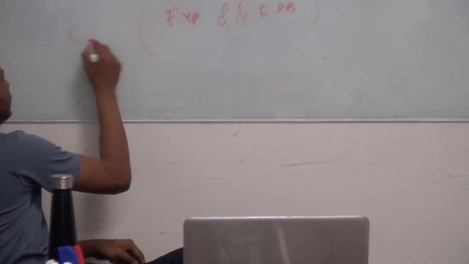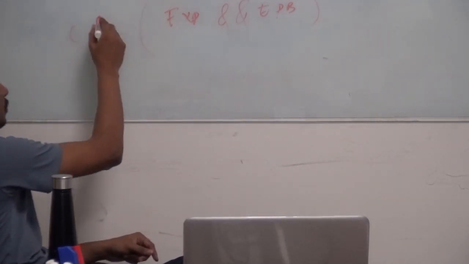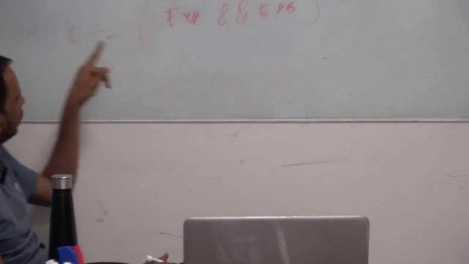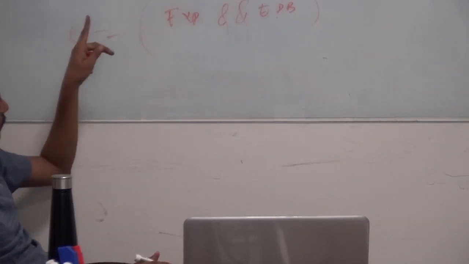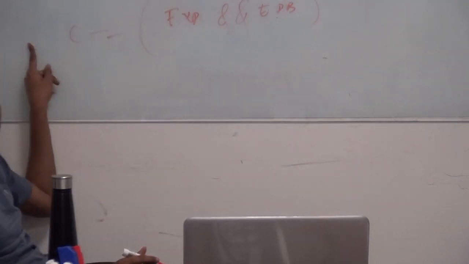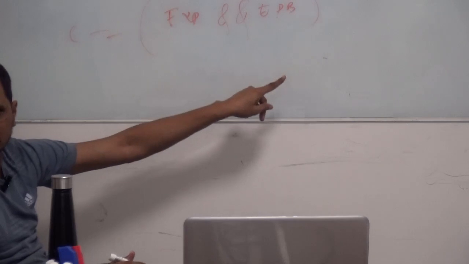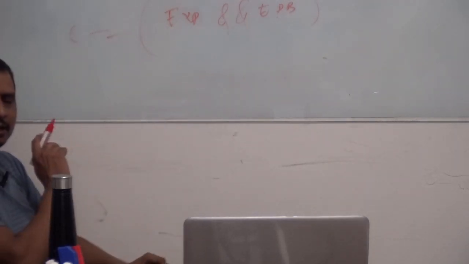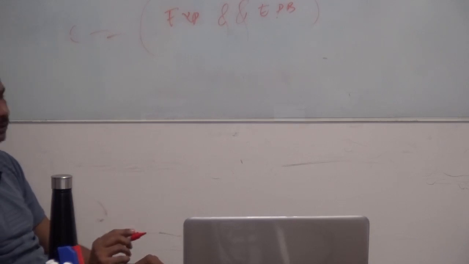Then only C will return true. If A is false and B is true, C will be false. If A is true and B is false, still it will be false. Until both are true, it will not be true. Otherwise, all the scenarios will be false.